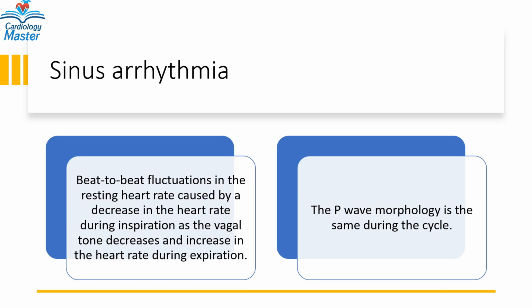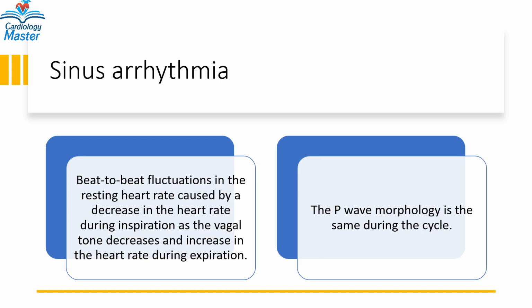When the person takes a deep breath, there will be a decrease in the vagal tone, and this will cause a drop in the heart rate. So that's why it's called beat-to-beat fluctuations in the resting heart rate caused by a decrease in the heart rate during inspiration.